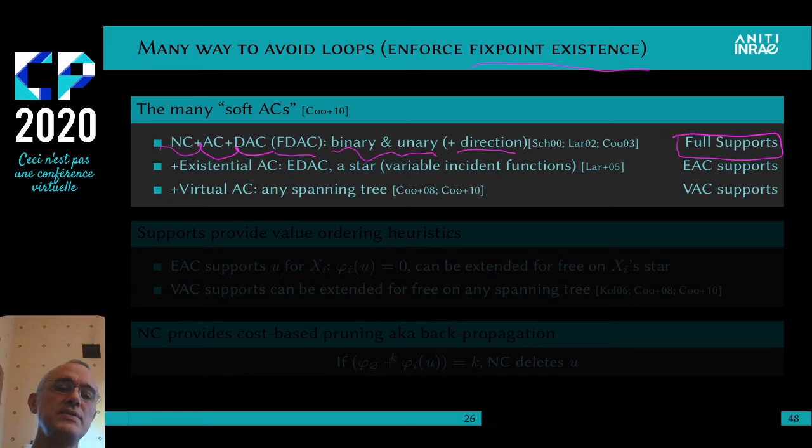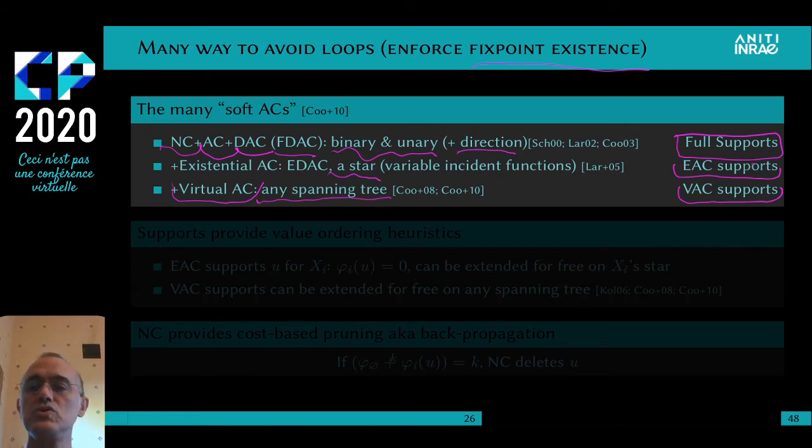If you schedule the operation on stars, so a variable plus all incident functions, you get stronger supports and stronger bounds. And the strongest one is probably virtual R consistency. And although it does not work this way, it actually, in some sense, enforces supports which will involve any spanning tree around each variable.